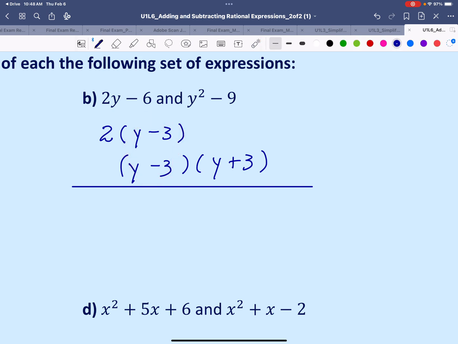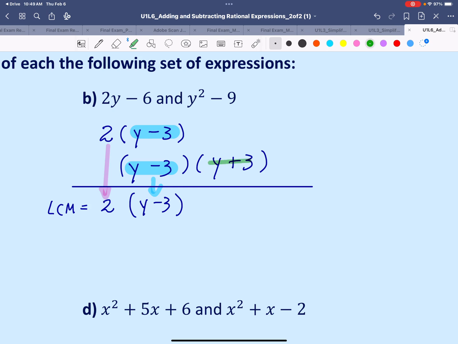So the lowest common multiple would be equal to the first factor, which is a factor of 2, the second factor, which is y minus 3, and the last factor, which is y plus 3.